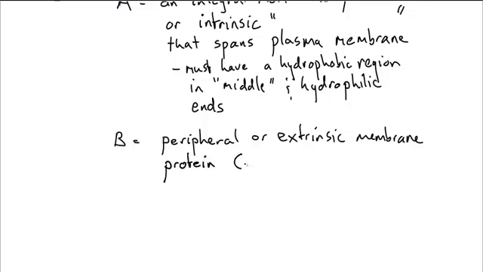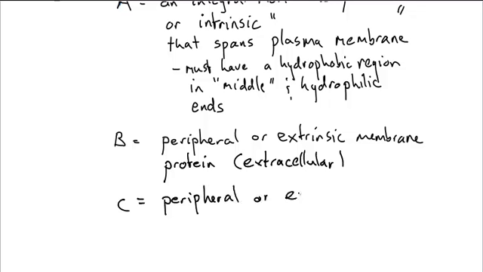And because B is on the outside, it is considered extracellular. In contrast to C, which again is also considered a peripheral or extrinsic membrane protein. These ones are intracellular.